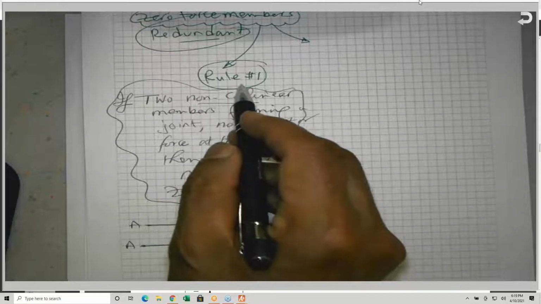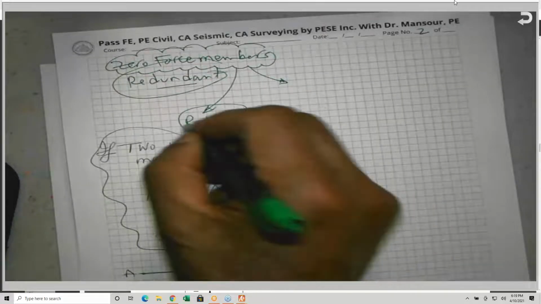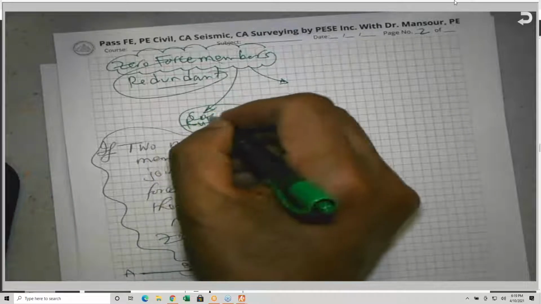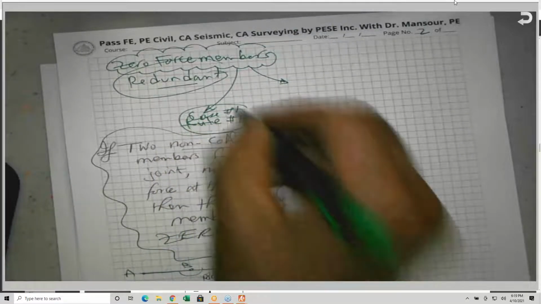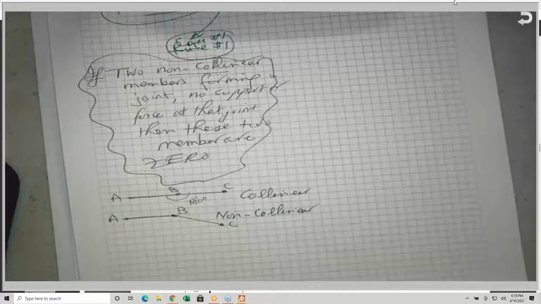So rule number 1, or case number 1: if 2 non-collinear members form a joint and there is no load or support at that joint, these 2 members will be zero.